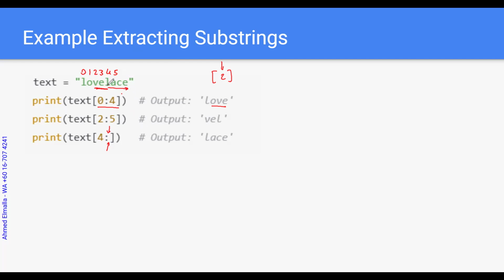So here you get lace because you left the last number open. Again, is that clear? Yeah. Okay, can you just at least write these 2 and that will be the last thing that we do for this class.